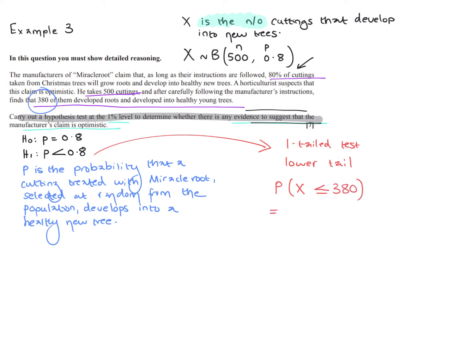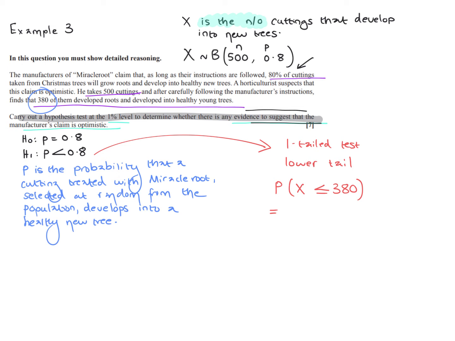And again, I'm going to do this on the graphical calculator as simply as possible in statistics mode. So we want distribution, binomial, and binomial cumulative distribution, which is F2. So for the settings, the data is set at variable, the lower value is 0 again, the upper value is 380, the number of trials is 500, and the probability is 0.8.